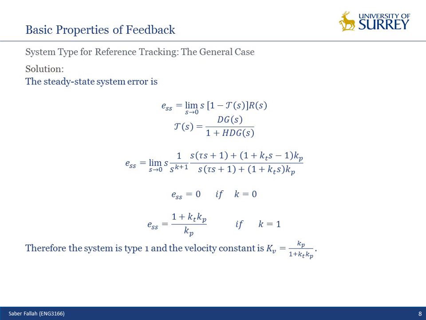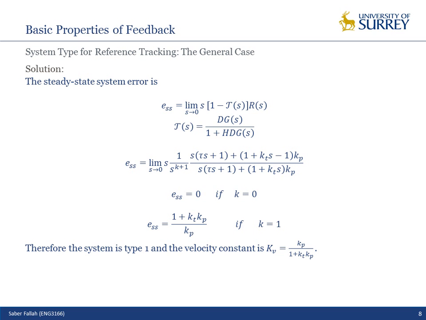So this s will be cancelled out with this one. If I put s equal to 0, this one will be 0. I have 1 plus Kt Kp. Here this one 0, 0, 0, Kp. Correct? Yes. Yay.